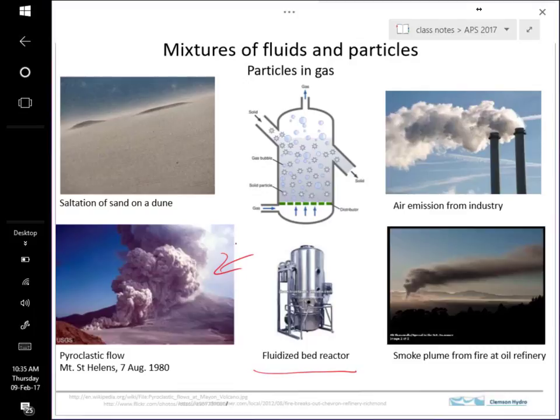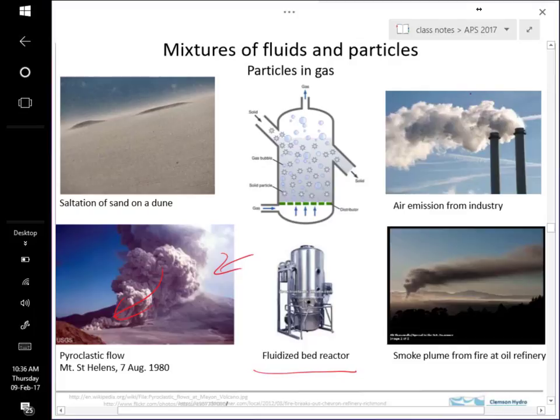So it shoots up out of the volcano, and then it becomes unstable and falls, and then comes down the slope of the volcano like that as a pyroclastic flow. And it makes for some spectacular photographs. It's also one of the big dangers of volcanic eruptions.